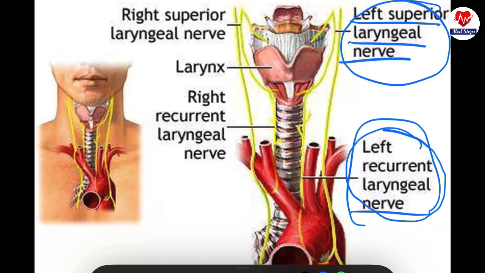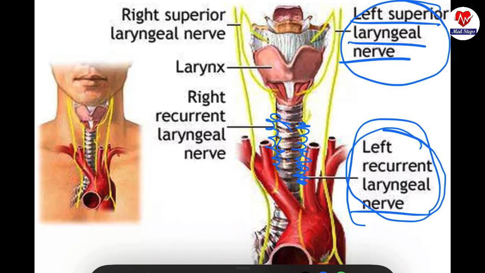With unilateral compression or injury, the patient gets a hoarse voice. In bilateral injury you can see stridor or airway obstruction, which is an emergency requiring tracheostomy.